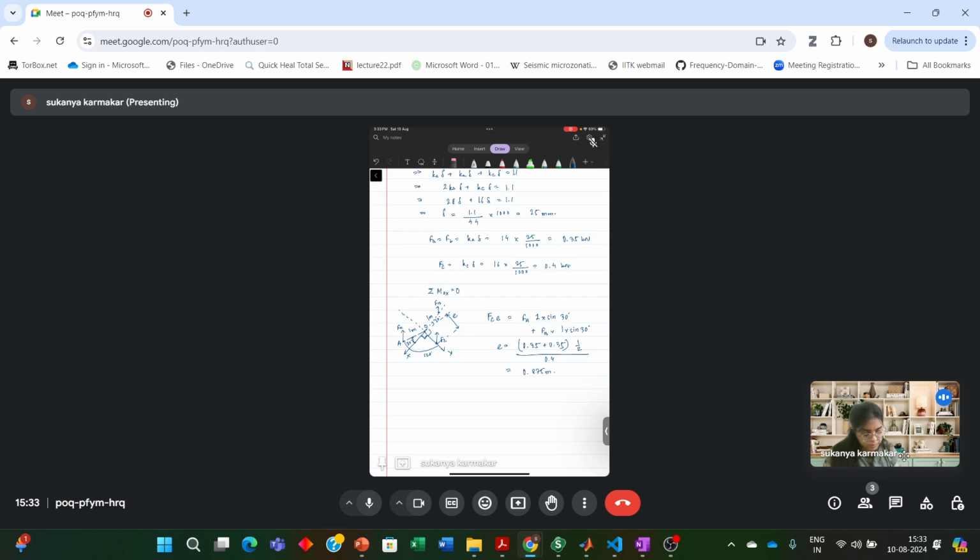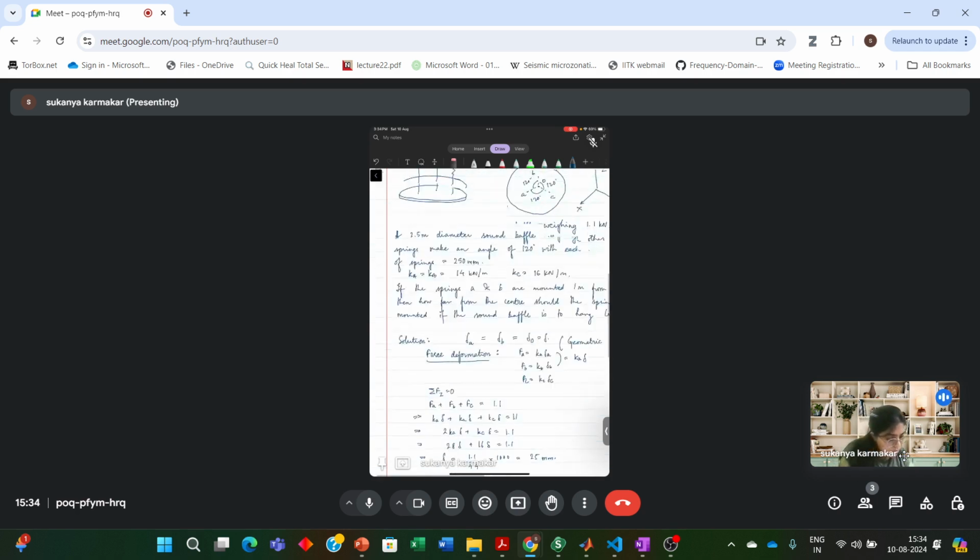Okay. Now let's move on to the next question. You have a stiff horizontal bar AB, and it is supported by three springs, okay, with different spring constants. The bar has to remain horizontal under the load P 1 kilonewton. You need to find out how much does the bar move, and spring constants have been given.